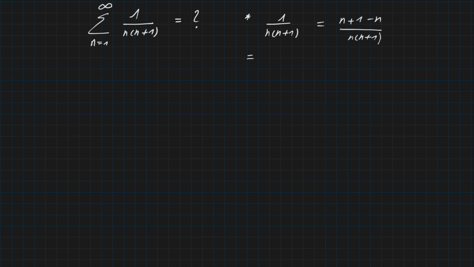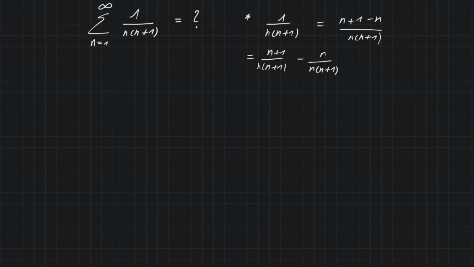We can have n plus 1 over n times n plus 1 minus n over the same denominator here. So let's write it down. So this is the same as n plus 1 over n times n plus 1, a common rule you know from school. And then we have minus n over the same denominator, n times n plus 1.